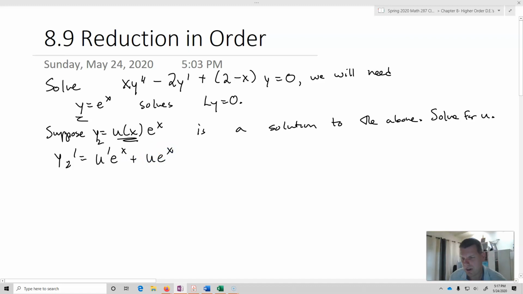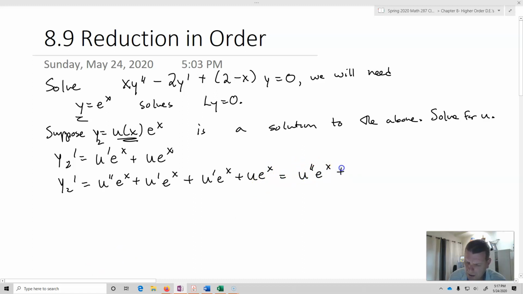Okay, so there it is, right? Because u e to the x was y, so that's the derivative. And then y2 double prime equals u double prime e to the x plus u prime e to the x plus u prime e to the x plus u e to the x, which equals u double prime e to the x plus 2 u prime e to the x plus u e to the x.